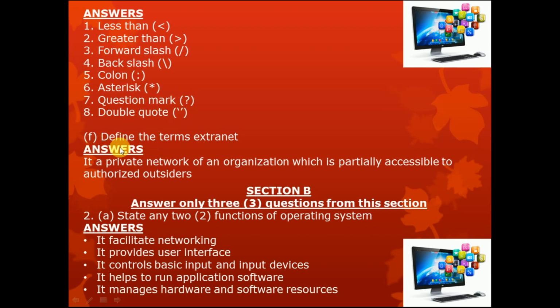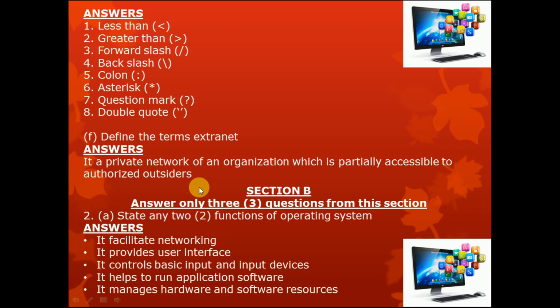Good. F, define the term extranet. It is a private network of an organization which is partially accessible to authorized outsiders. So it means that the extranet is not for everyone.